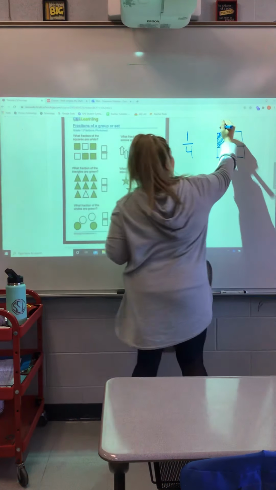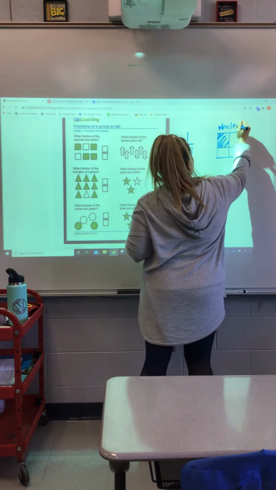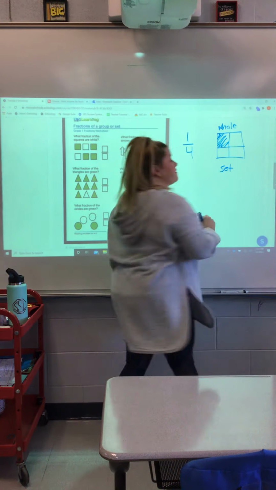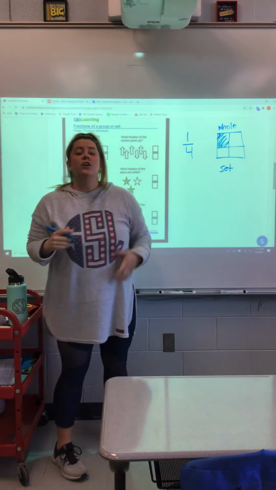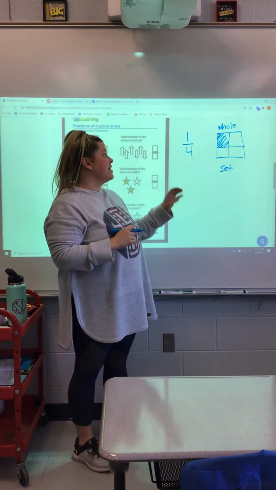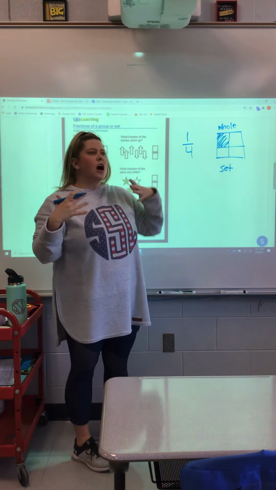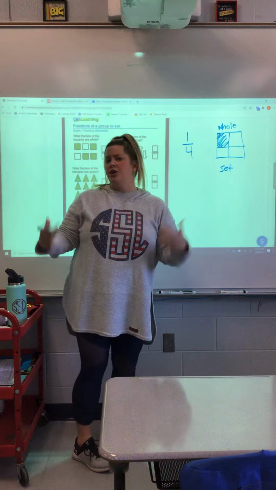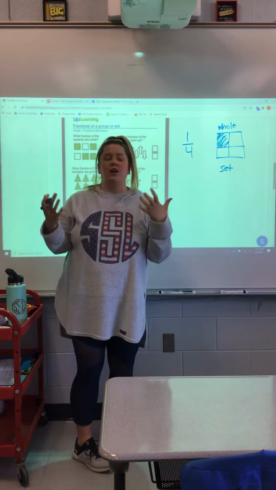We also have fractions as part of a set. Whenever we have fractions as part of a set, that means I have 4 of something: 4 markers, 4 cookies, 4 dogs, 4 cars.